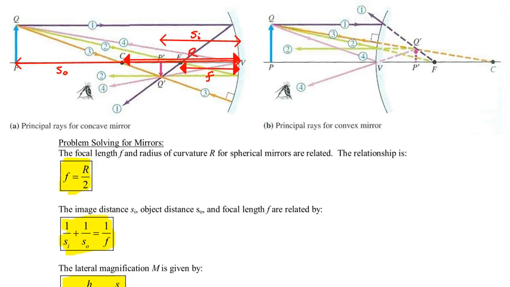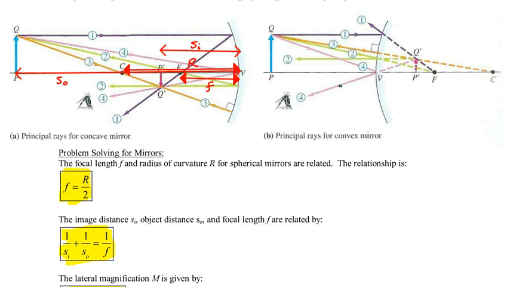Let's just take a look up here to label the distances and distinguish between when the image is in front or behind and how to treat the signs. This is SO for object distance, the distance from the object to the middle of the mirror. This is SI for the image distance, but it falls behind the mirror, and because it falls behind the mirror, that value is going to be negative.